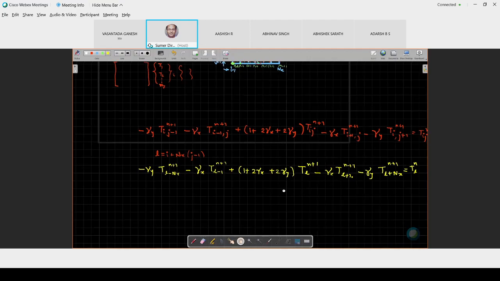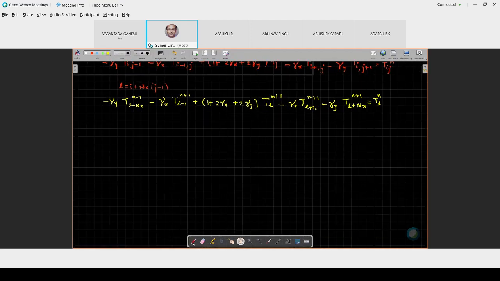What was that form? That form was looking like, you get a term gamma y, and then you get some zero terms, and you get the minus gamma x, and then you get central terms 1 plus 2 gamma x plus 2 gamma y, and then again you get the minus gamma x, then 0, and then gamma y.